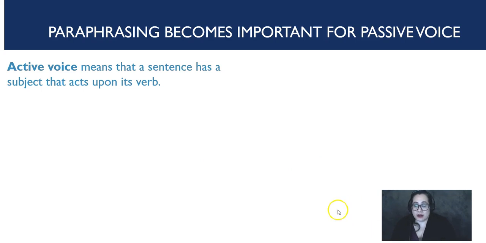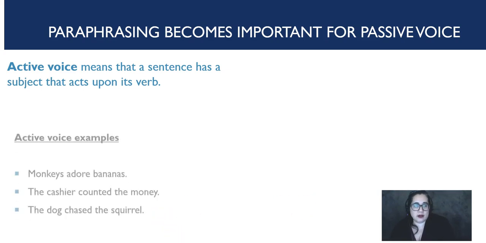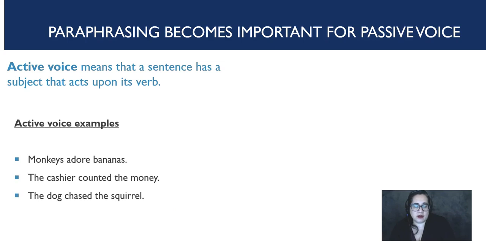That ability to paraphrase becomes really important in interpreting, because active voice and passive voice. I'm going to show you some examples. Here's some phrases in active voice. Easy to sign. Monkeys adore bananas. The cashier counted the money. The dog chased a squirrel.